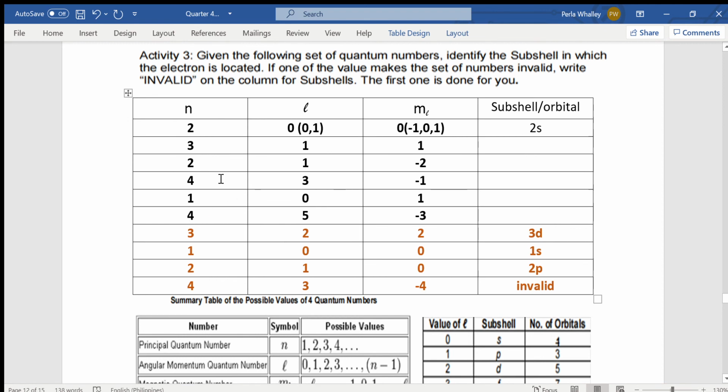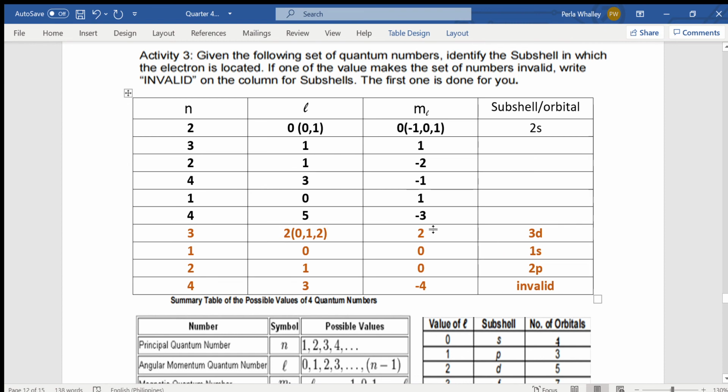Okay, now for more examples, if the n is 3, can L be 2? Remember that L will start with 0 and then followed by 1, and the last number would be n minus 1. That would be 2. So can L be 2? Yes, that's valid.